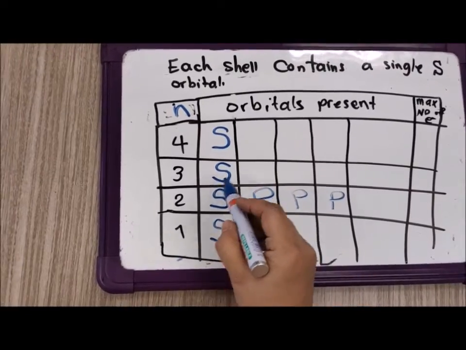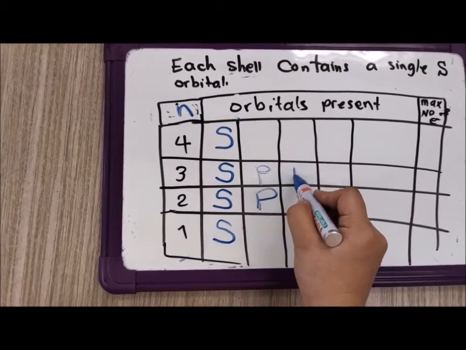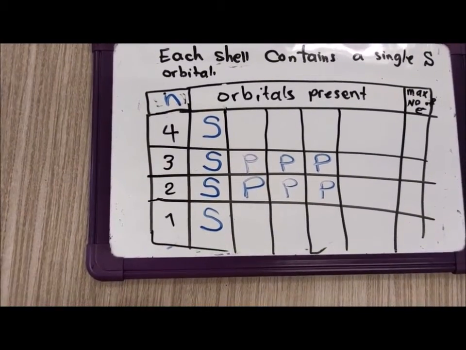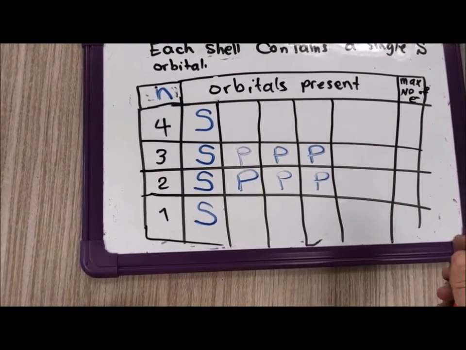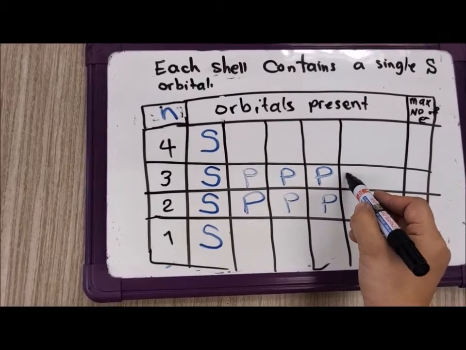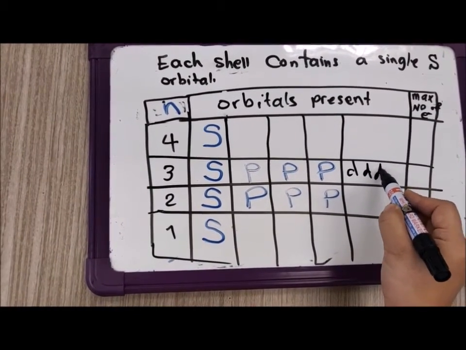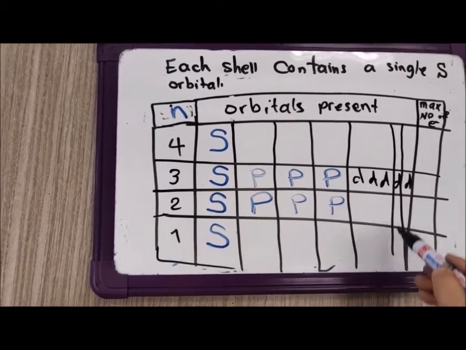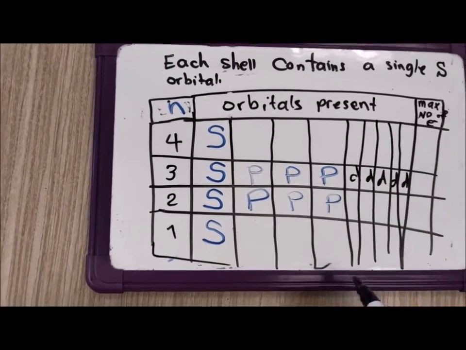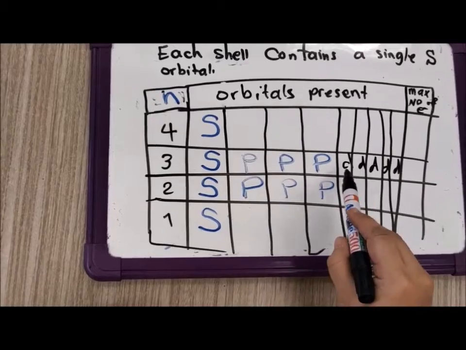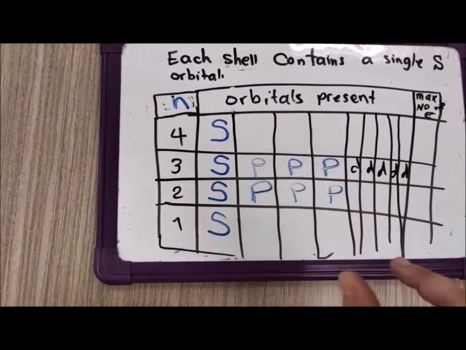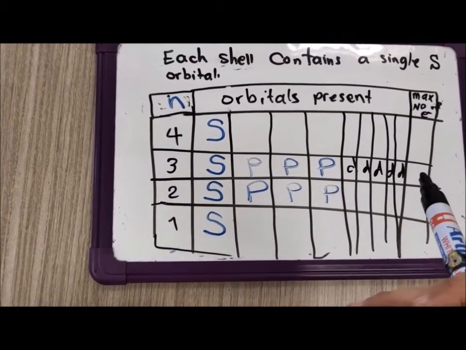In the third shell, we have 3 p orbitals, 1 s orbital, and we have 5 d orbitals. 1, 2, 3, 4, and 5 d orbitals we have. Because d has 5 types. P orbital 3 types, and s is only 1.